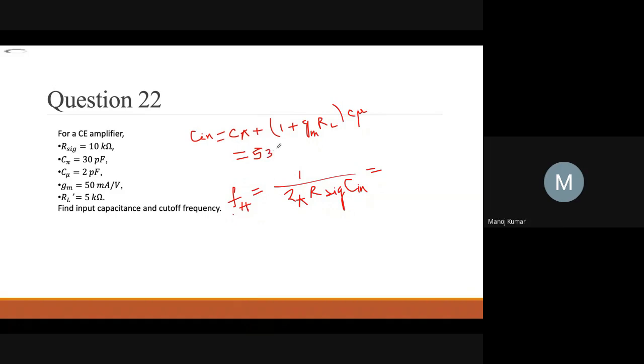And cutoff frequency 29.9 megahertz. So it is 30 kilohertz near about, right? Sorry, kilohertz. Jen, have you calculated the answer? Are you getting the same answer? Calculating, ma'am. Okay, calculated.